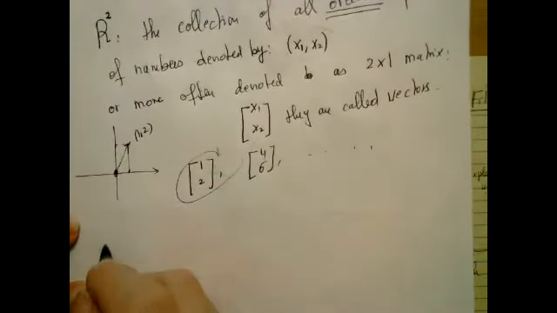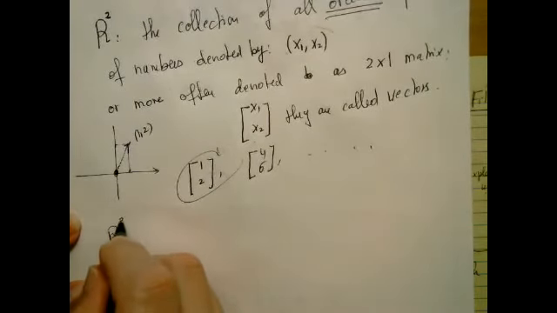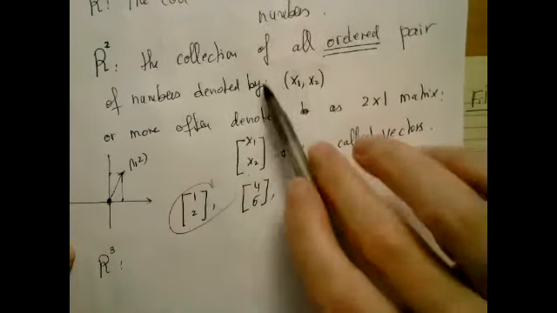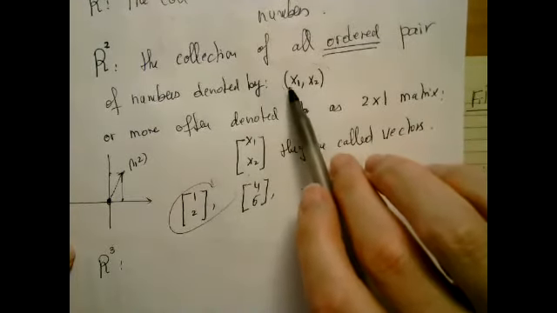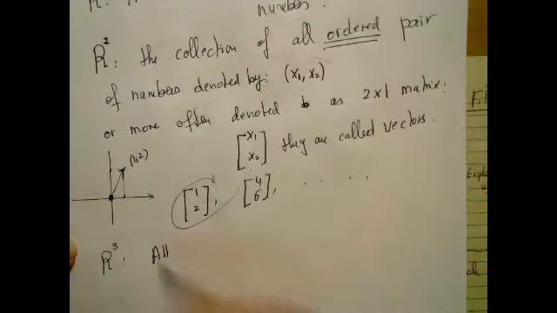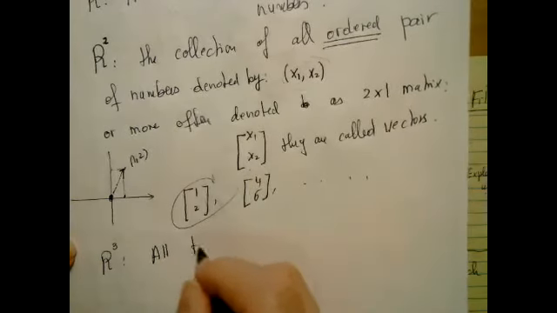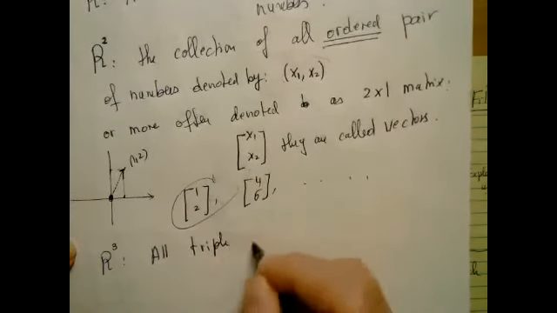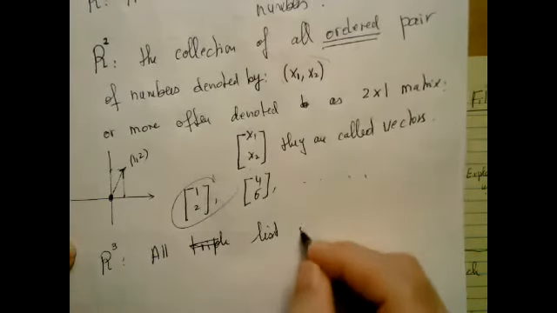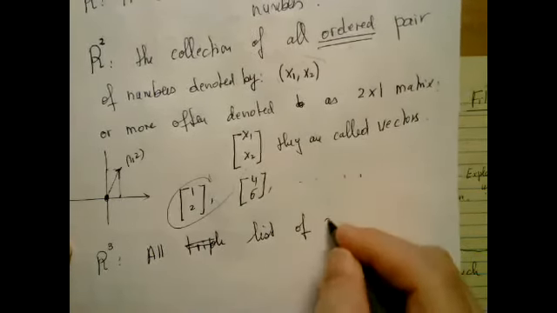Now, by the same ideas, we like to generalize, because in linear algebra, we generalize everything. So what is R3 going to be? It's the same thing, but instead of an ordered pair, we're going to have a list of 3 numbers. Actually, I don't like triple. All ordered lists of 3 numbers.